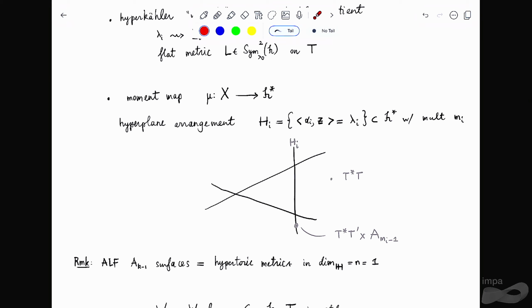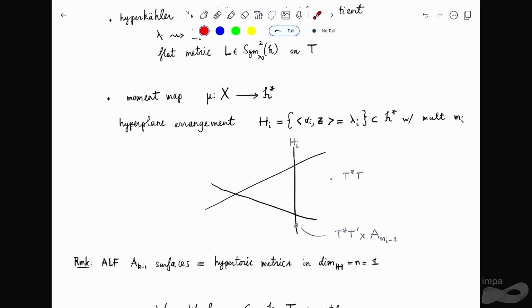And then now the fibers are going to degenerate not along isolated points, but along hyperplanes that are determined by the discrete data. So these are hyperplanes defined by this equation and taken with a certain multiplicity.